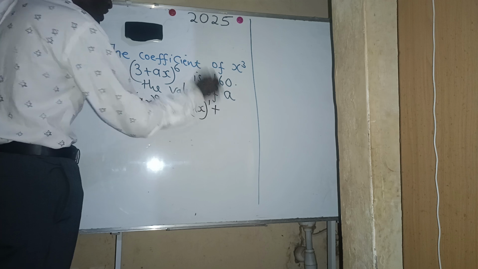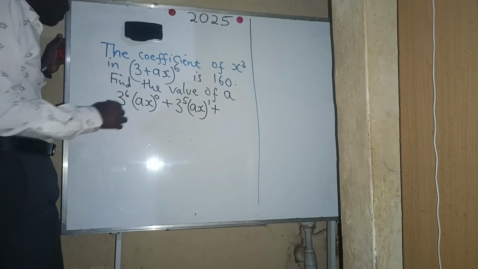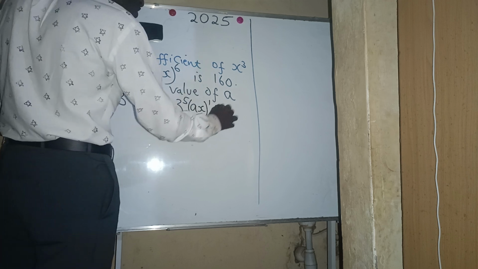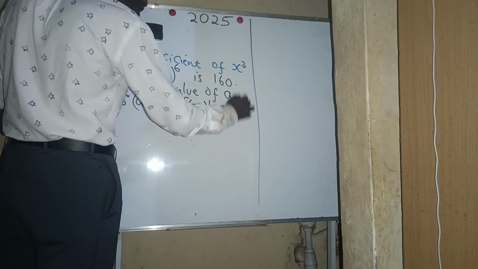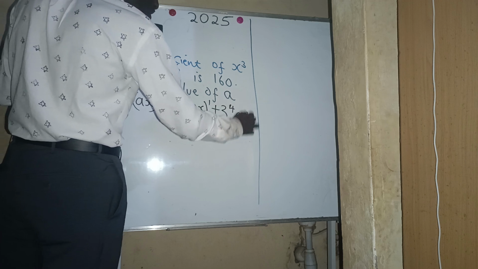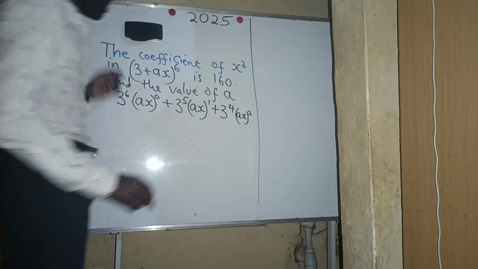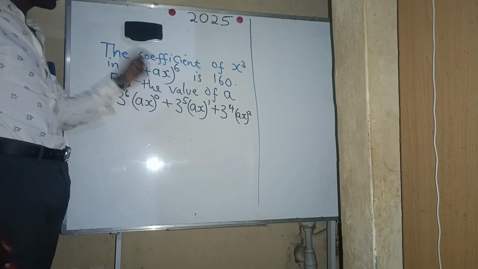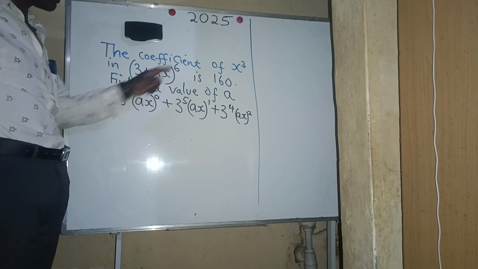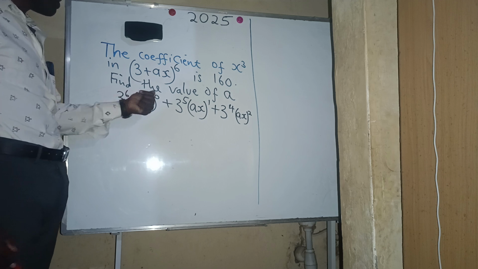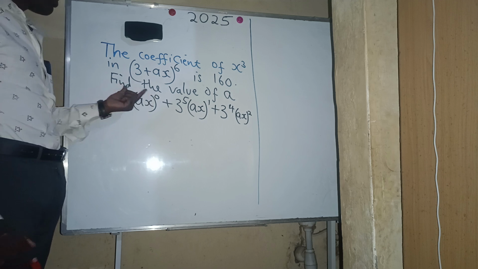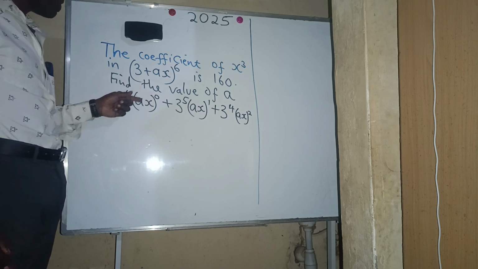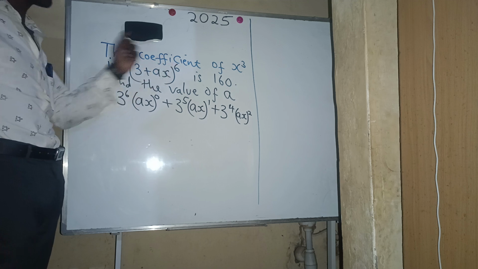Then I'm going to say plus, the third part is going to have 3 raised to 4 and ax raised to 2. So if I come back here, I know the power that I'm going to use in my expansion is 6. So 6 plus 0 must give me 6. So the two powers you're using in this expansion are supposed to add up to this value.